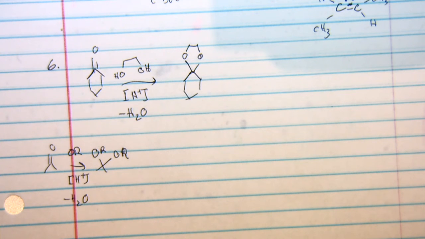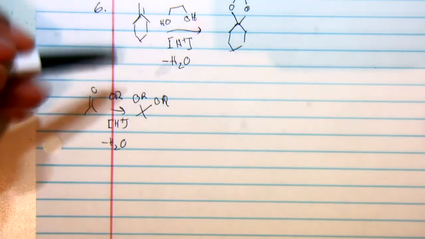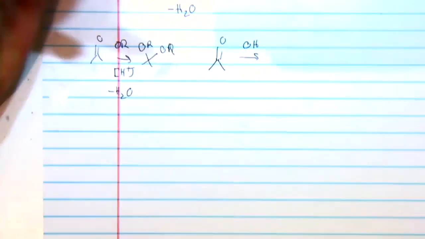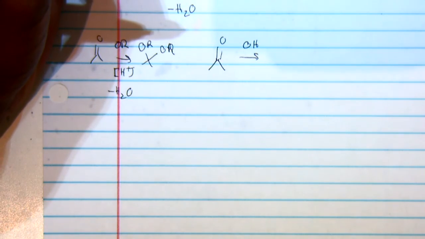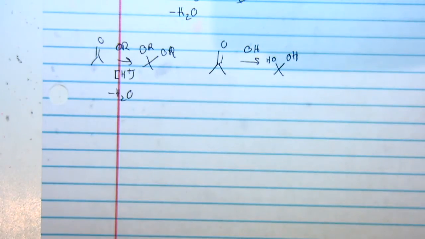If it's just an O with an ethyl group attached to it, exactly, good. So if instead I had just an OH group, it's going to add the OHs on both sides, and like you said, if you put an ethyl group instead of the H's, it's going to do that. I see what you're saying. Yeah, good. So that's what that reaction will do.